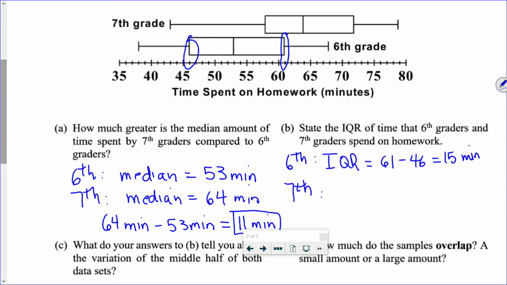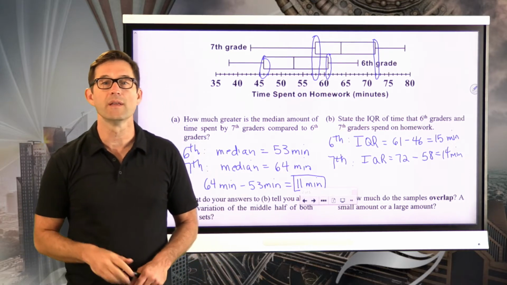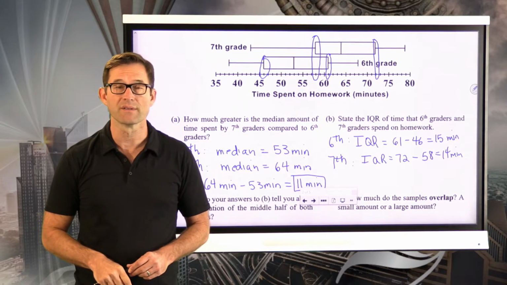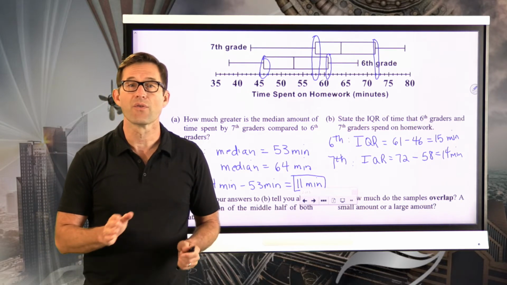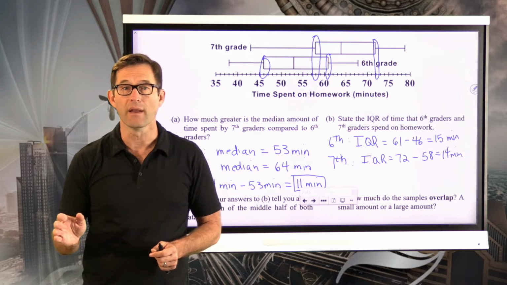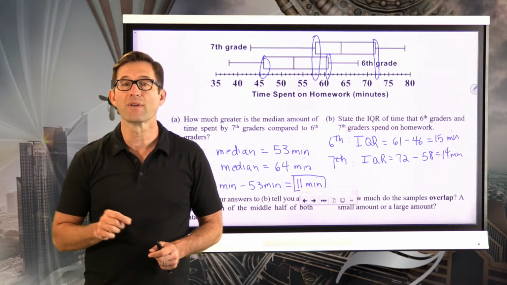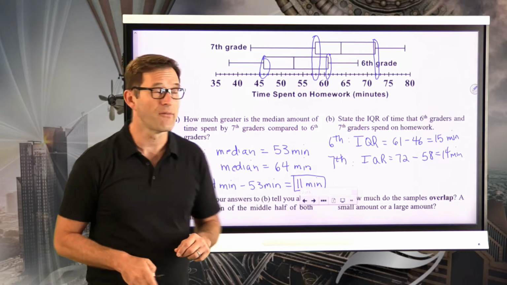And for 7th grade, it looks like we're going to have an IQR of 72 minus 58, or 14 minutes. So in both cases, 6th grade, 15 minutes, 7th grade, 14 minutes. It's very important to be able to calculate interquartile ranges. Remember, those are the ranges of the middle 50% of the data. It's important to be able to calculate interquartile ranges quickly if you have a box plot.